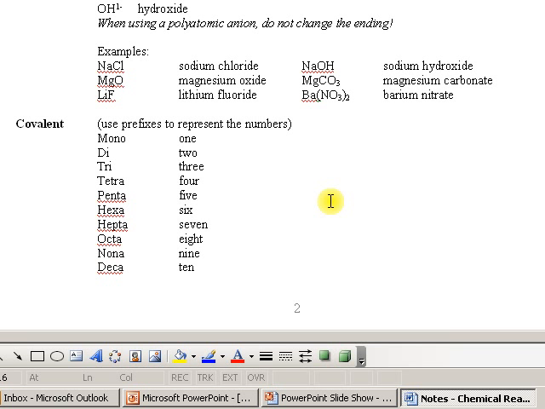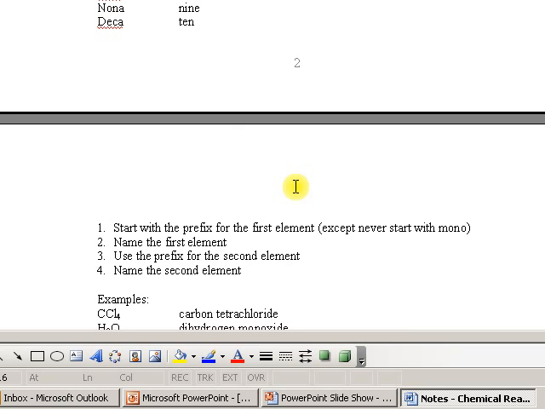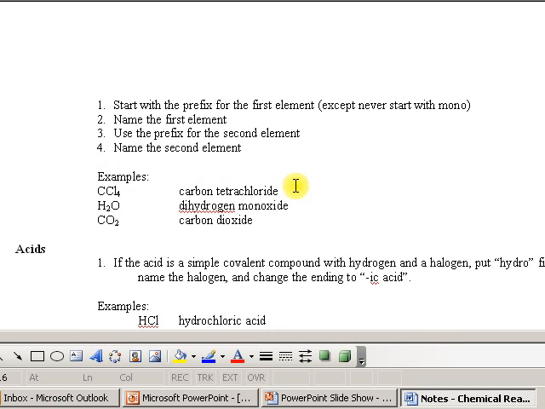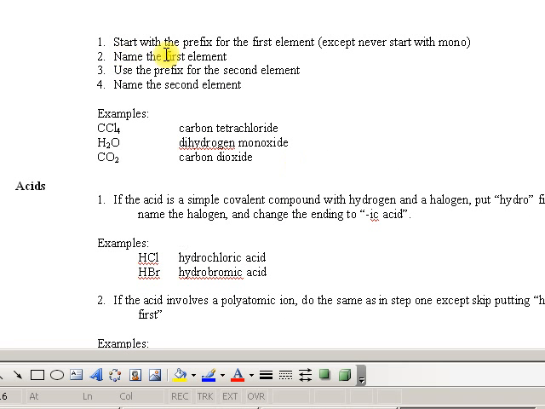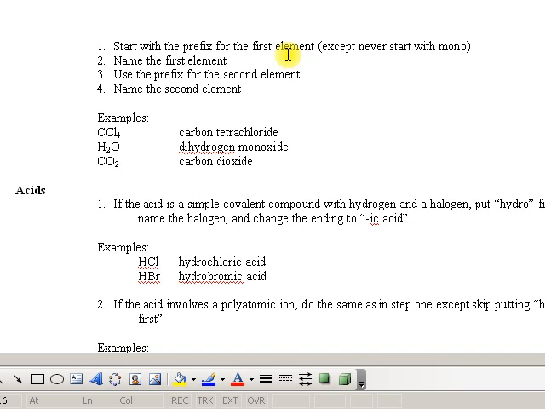The prefix for 1 is mono, 2 is di, 3 tri, 4 tetra, 5 penta, 6 hexa, 7 hepta, 8 octa, 9 nona, 10 deca. To give you an example of how this plays out, we're going to start with the prefix for the first element, but we never start with mono.